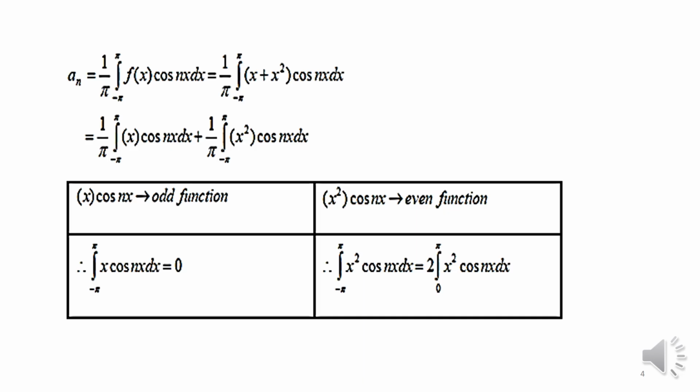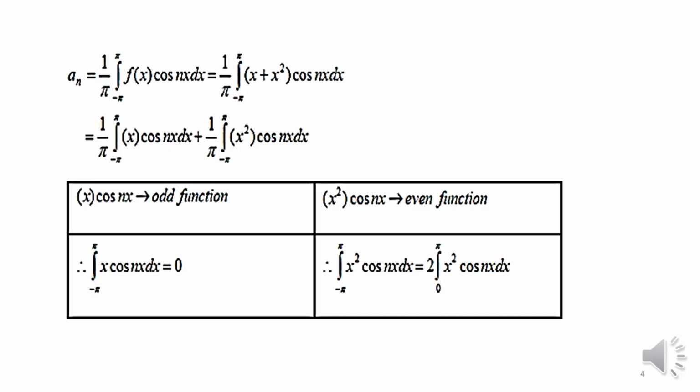The minus would come outside, and you will get minus x cos nx, which is nothing but f of minus x is equal to minus f of x, which is an odd function. If it is an odd function, a naught and a n become 0, and you will just get b n values alone. So you don't have to find the a naught value here.